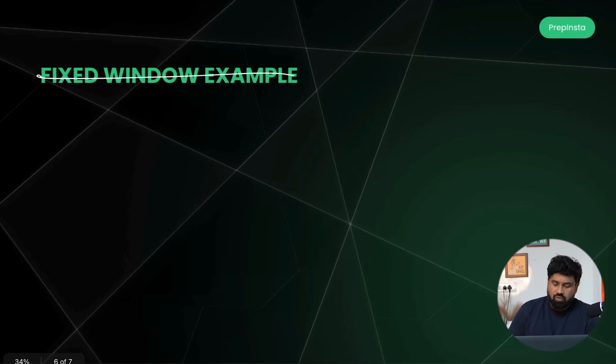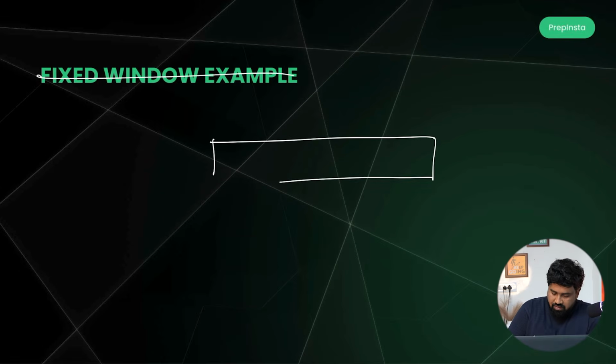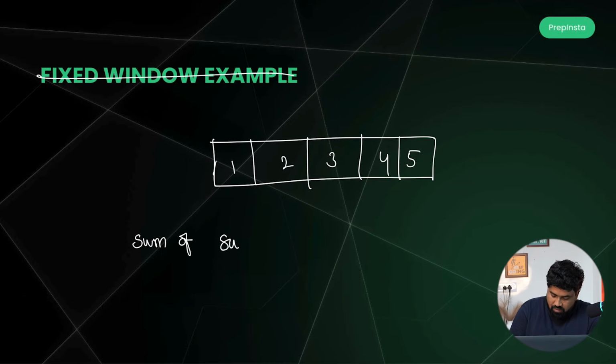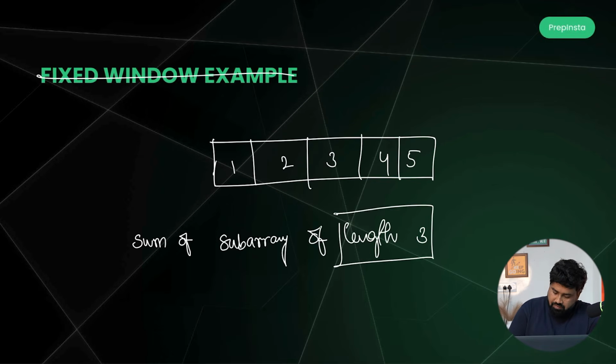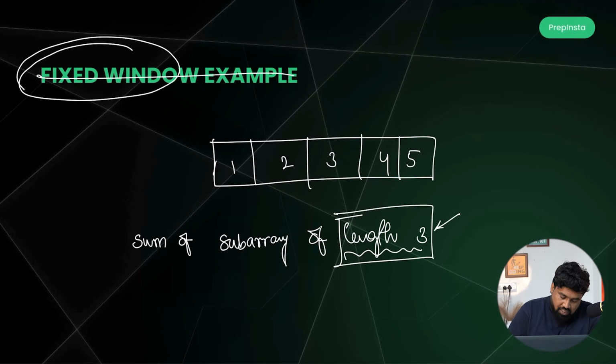First look here. For example, an array is given: 1, 2, 3, 4 and 5. They ask for the sum of a subarray of length 3. Whenever they give the length in the problem itself, it comes under the category of fixed window, which means I have to add only 3 elements.